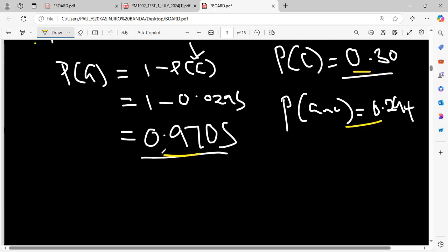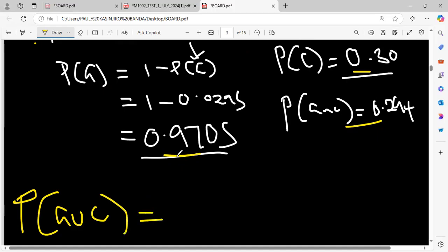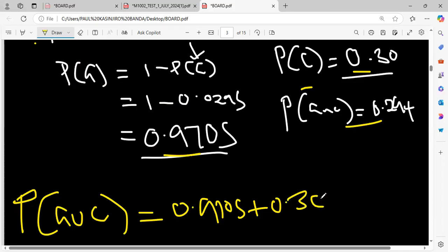So now let's substitute into the formula. The probability of it being good union coming from lab C is equal to the probability of it being good, plus the probability of it coming from lab C, minus the probability of the intersection of it being good and coming from lab C, which is 0.294.